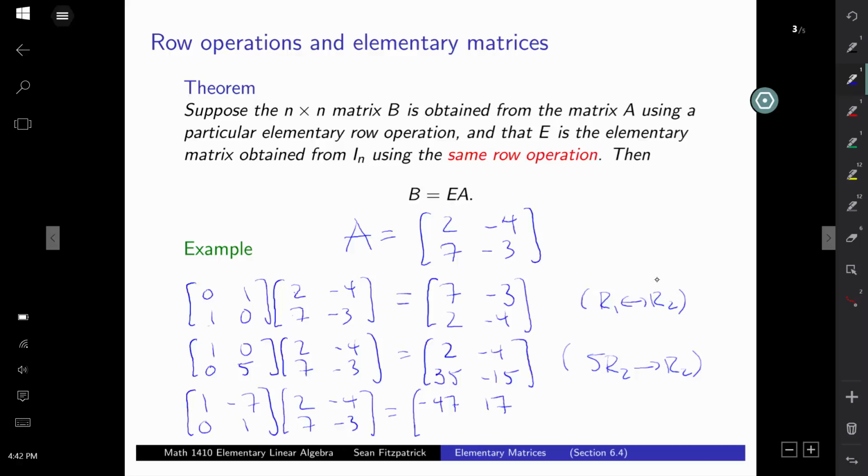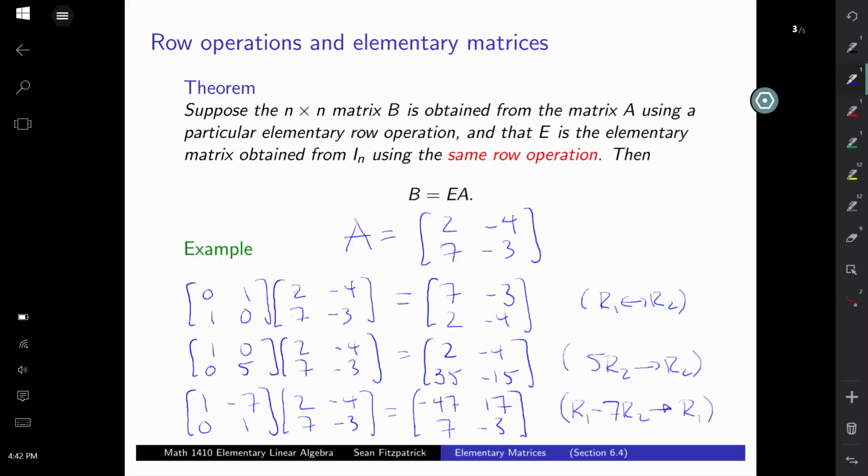And then 0 times 2 plus 1 times 7, 7. 0 times minus 4 plus 1 times minus 3, minus 3, right? And again, you can see that the result is exactly what would happen if I had done row 1 minus 7 row 2, and added that to row 1, right? If I take 7 times row 2, 49 and minus 21, and I subtract those from the 2 and the minus 4, 2 minus 49 is minus 47, and minus 4 minus minus 21 gives me the 17.